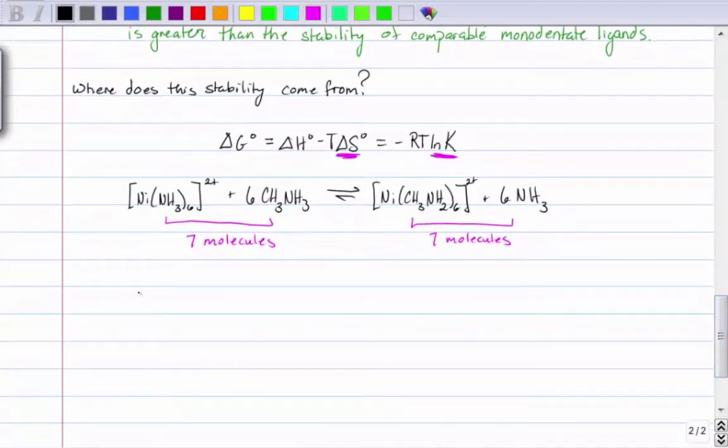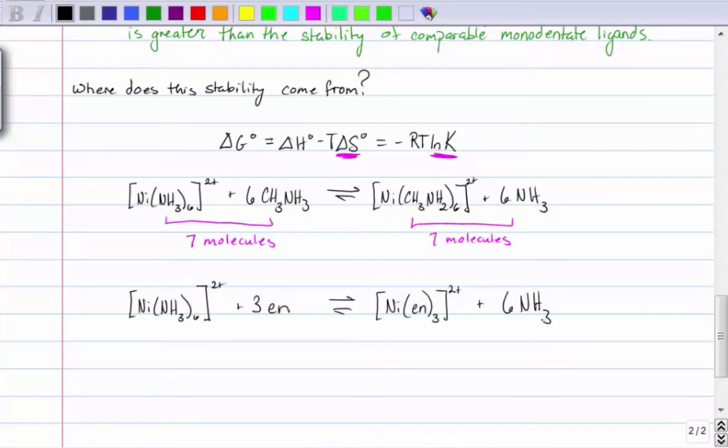Now let's look at a different reaction when we're taking the same hexamine nickel complex and reacting it with ethylene diamine. Now what's happened? Yep. Start with 4 molecules. And you end up with 7. What's happened to our entropy?